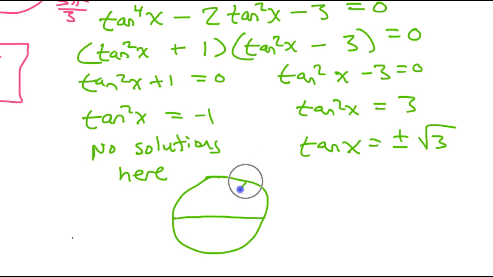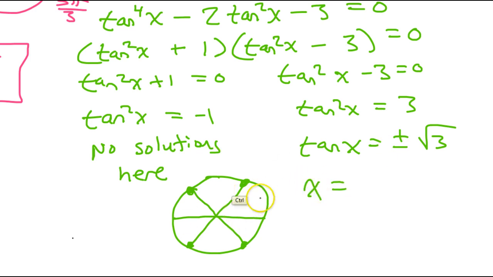You should not have to draw this picture that I'm drawing. I'm just drawing this for instructional purposes because you cannot read my mind. These are all pi over 3's. These are the 4 angles that have a reference angle of pi over 3. Any one of them is going to give me some kind of a radical 3, either positive or negative radical 3. Because I want plus or minus radical 3, I need all 4.